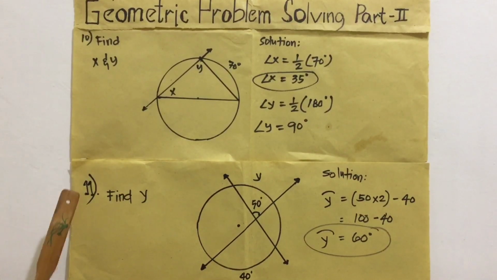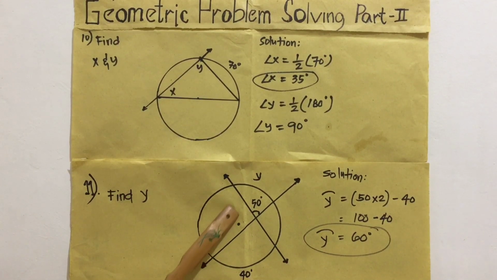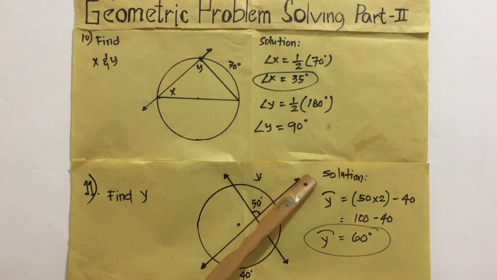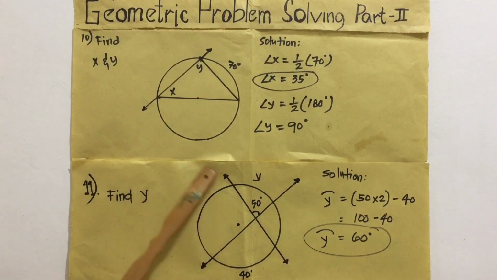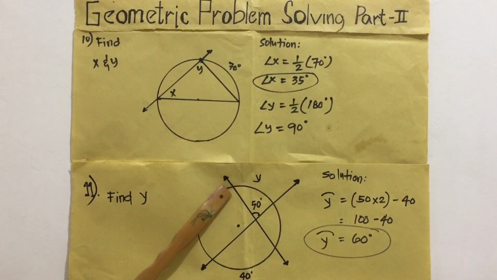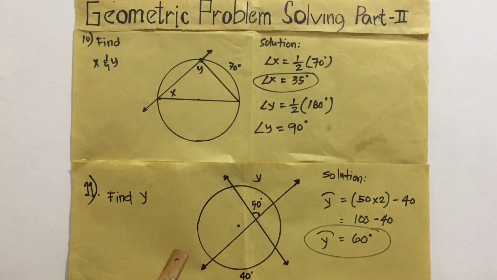Next, number 11, find the value of y. We're going to study the given figure, a circle, and we have two secants intersecting each other and forming an angle inside of the circle. So the missing measurement is the intercepted arc.